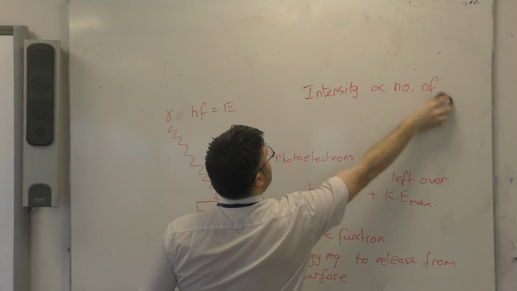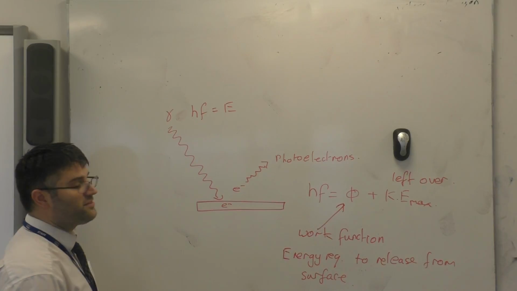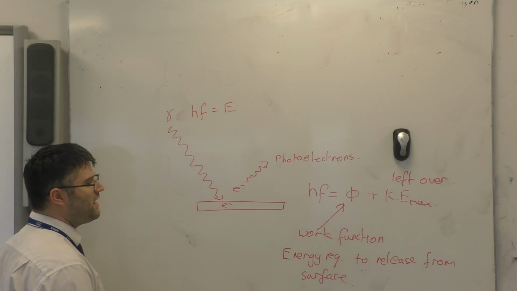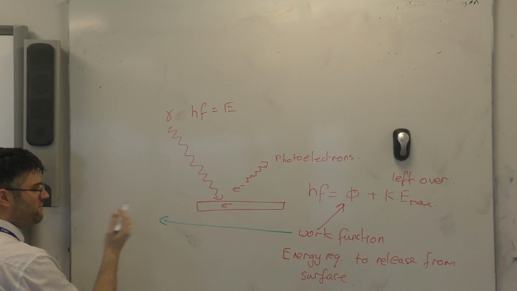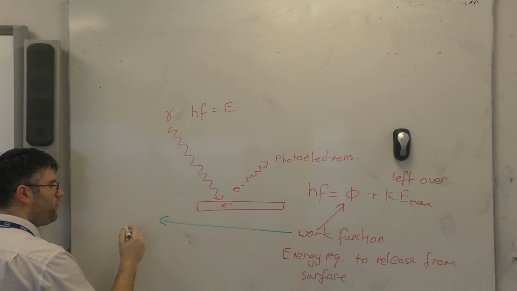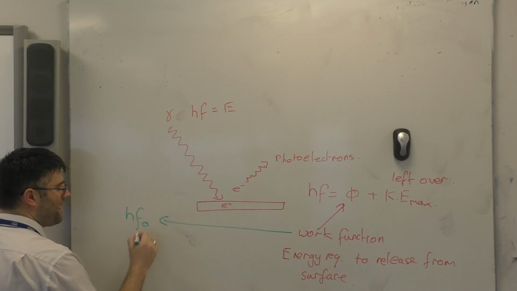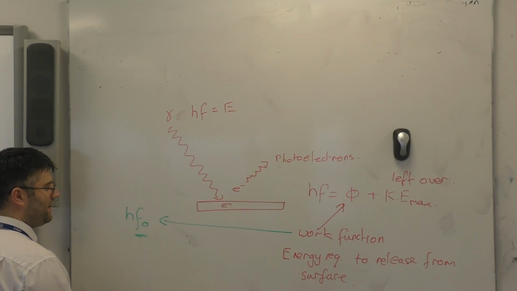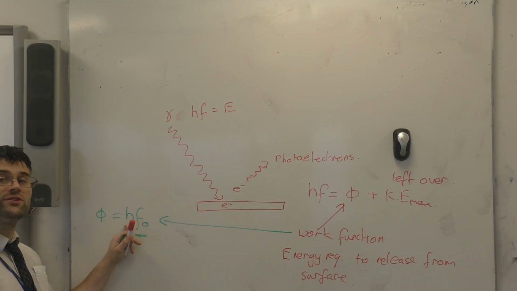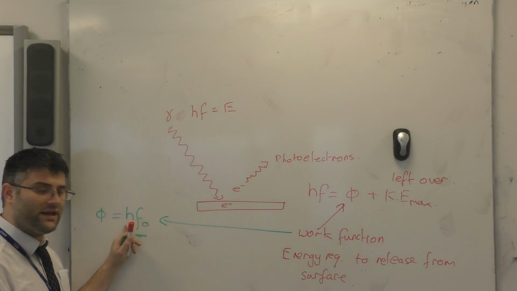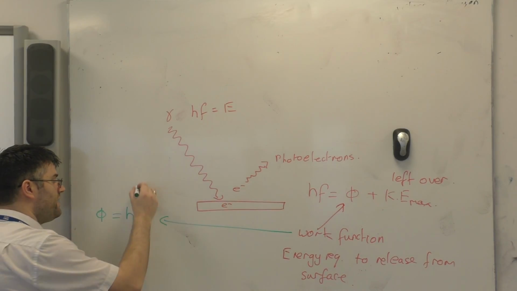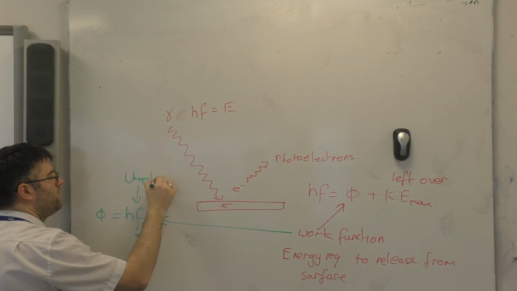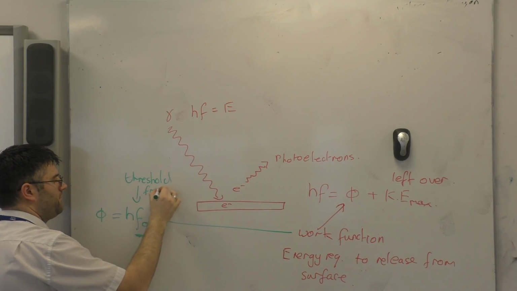Another term that goes along with a lot of this is the threshold frequency. It's related to the work function, because the work function is a minimum amount of energy. Therefore, there must be a minimum frequency to allow that electron to be released. So the work function would be equal to Planck's constant, which we'll talk more about in the lesson, we'll actually do a practical to determine it, times the threshold frequency.